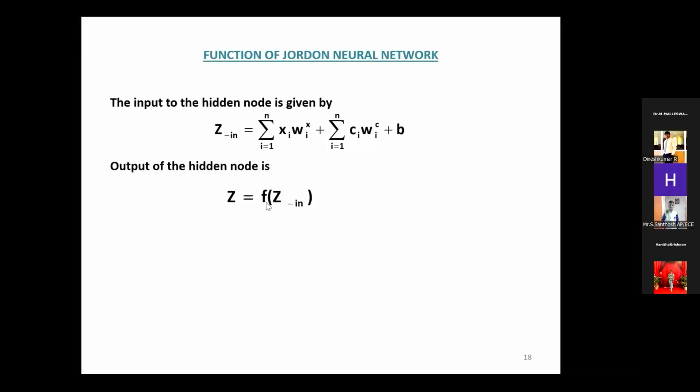Lot of activation functions are there, like bipolar, sigmoidal, tangential, etc. But when you want to go for hidden to output layer, there is only one activation function in most of the times. That is called linear activation function. That is where the linearization of neural networks started happening. So the output which you got from the hidden node is a function of the activation function and the input value which you measured from the input node of the hidden.